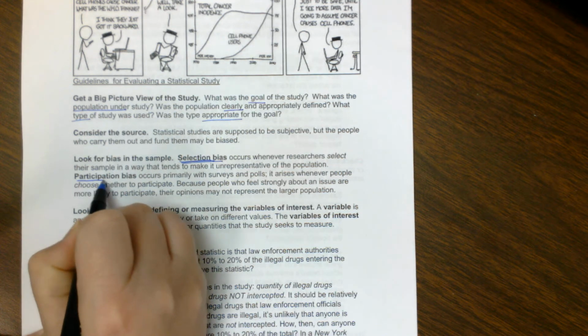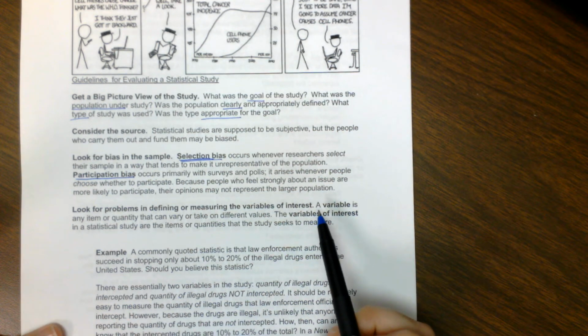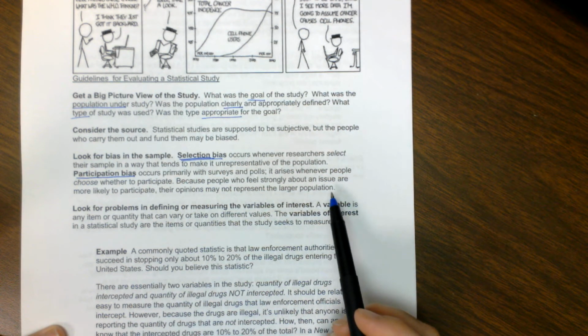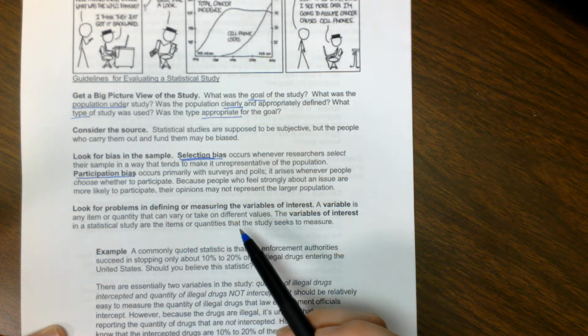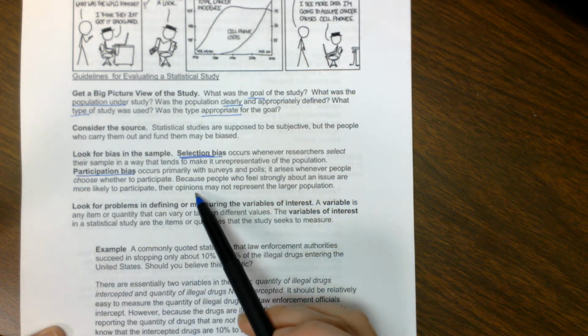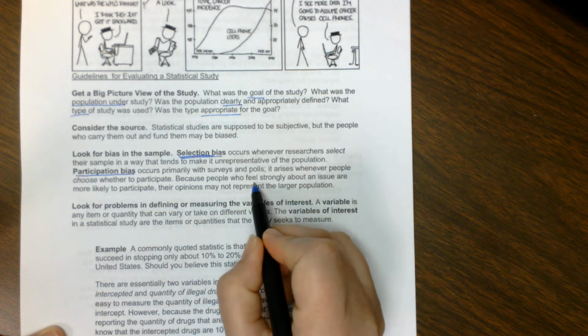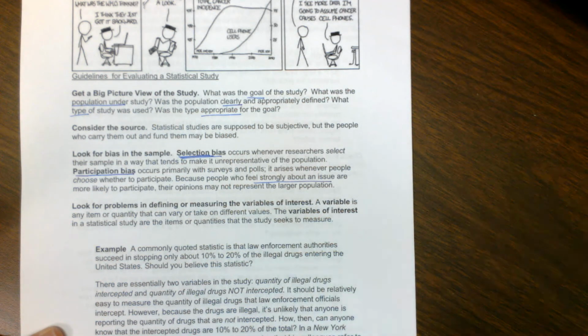Okay, then there's what's called participation bias, and that is mostly with surveys and polls, because it's when people choose whether to participate. And most of the time, the only ones who participate are the ones who feel strongly about an issue. So you're going to get votes for whatever options you have available, but it doesn't mean it represents everybody.